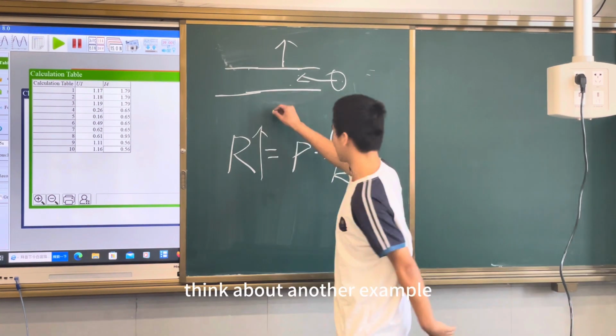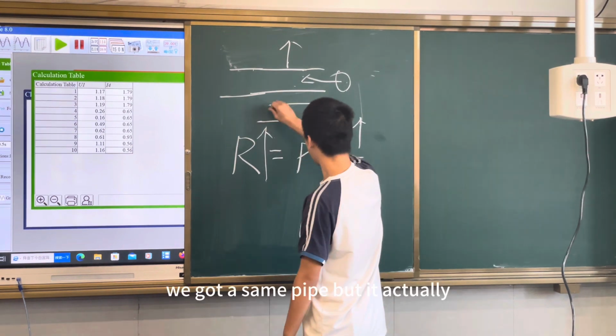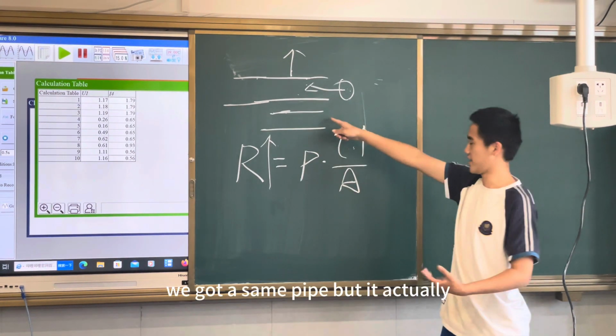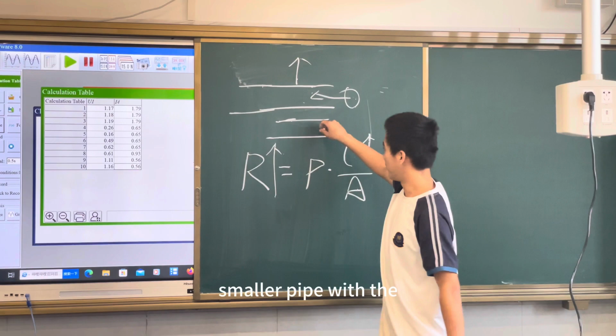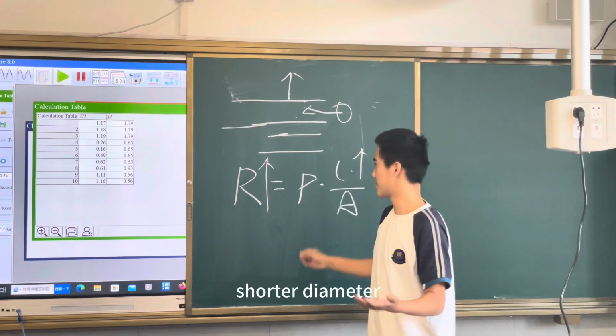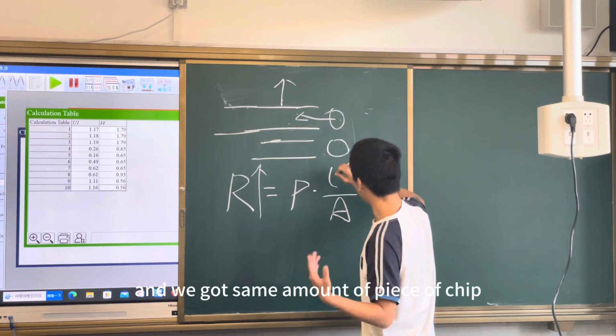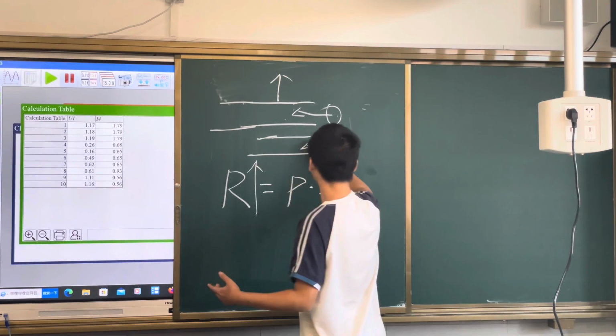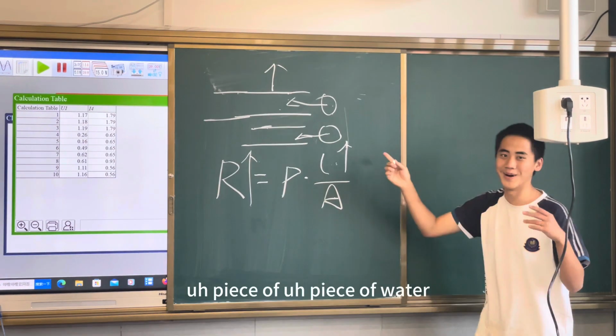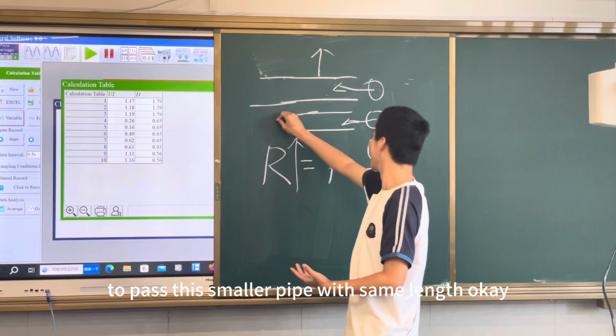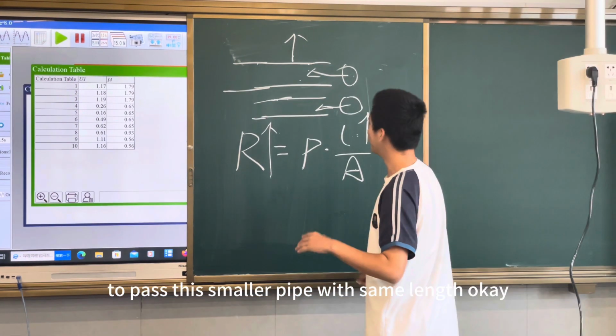Think about another example. We got the same pipe, but a smaller pipe with a shorter diameter, and we got the same amount of water to pass this smaller pipe with the same length.